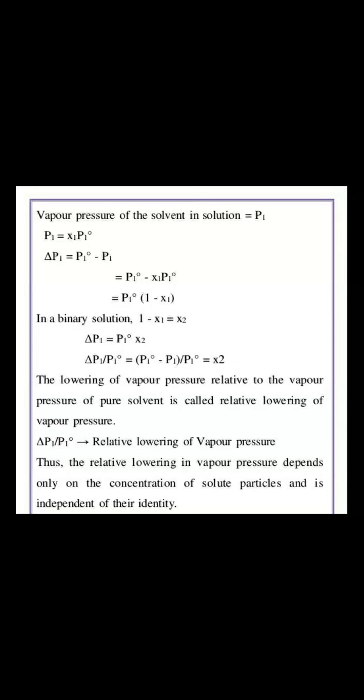Thus the relative lowering of vapor pressure depends only on the concentration of solute particles, that is, it does not depend on the identity, size or chemical nature of solute particles.